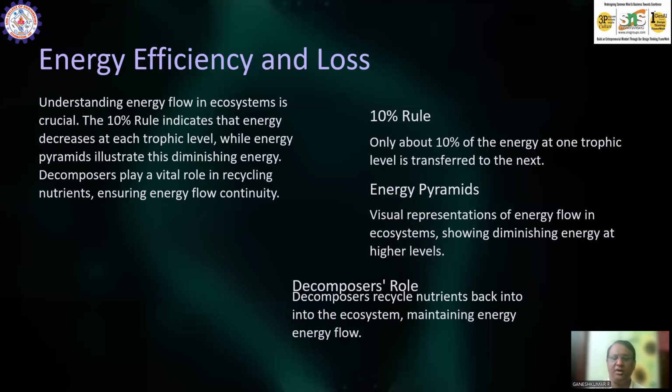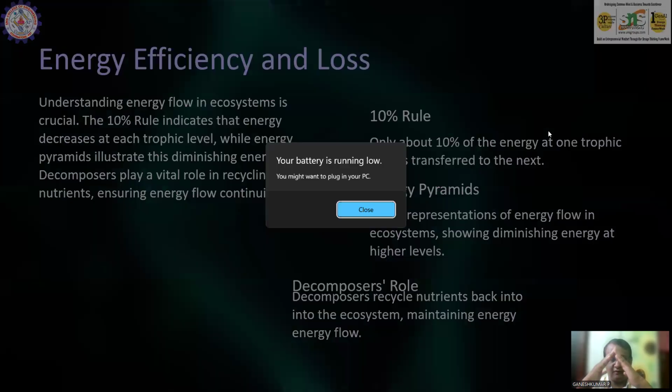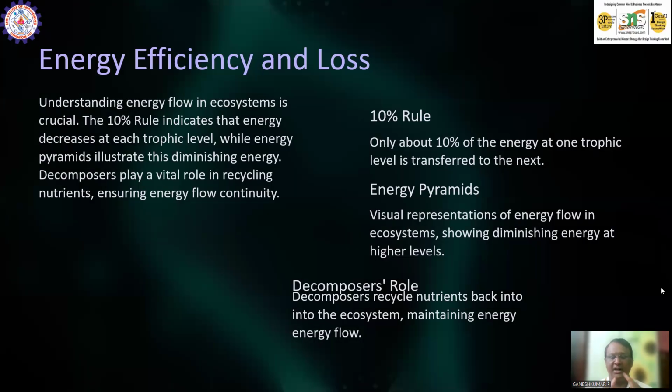So the 10% rule: only about 10% of energy at one trophic level is transferred to the next trophic level. What happens to the 90%? 90% is spent by those animals for their activity. An energy pyramid is a visual representation, a pyramid-like structure, in which energy decreases from bottom to top.